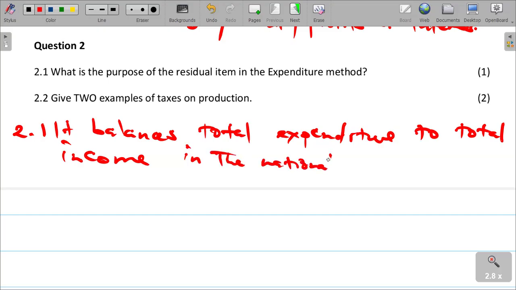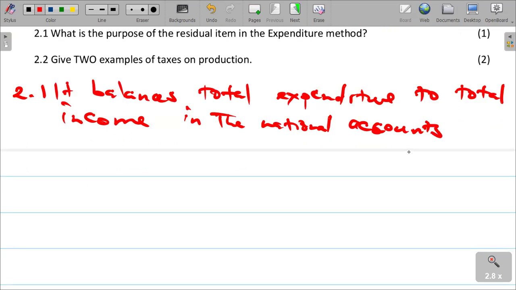In the national accounts. So that is the reason for the residual item.